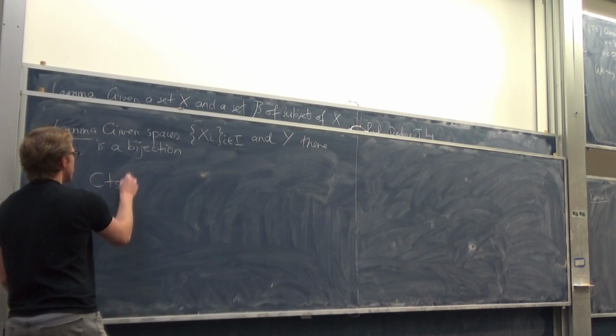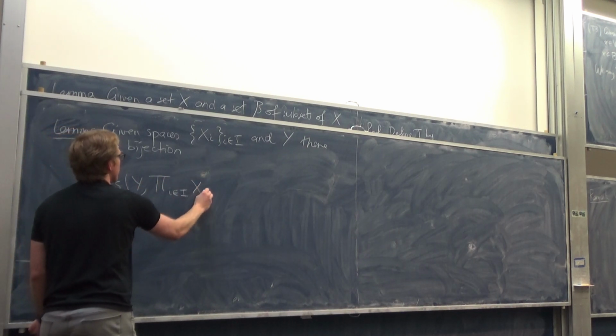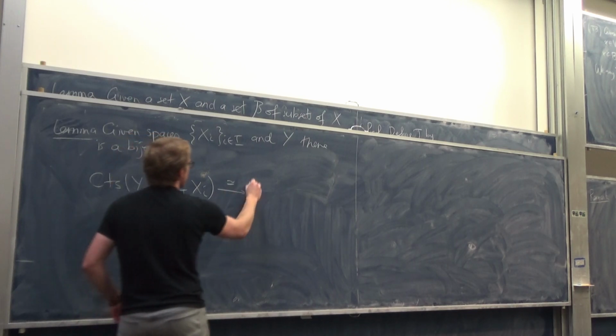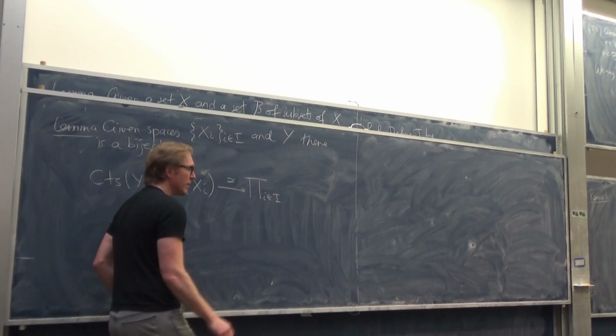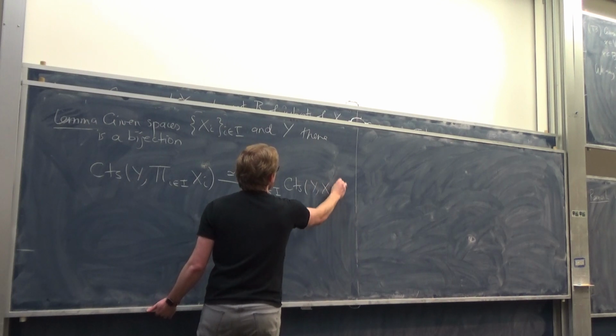The first is continuous maps from Y into the product. And the second is the product, just as a Cartesian product of sets, of continuous maps from Y into each X_i.